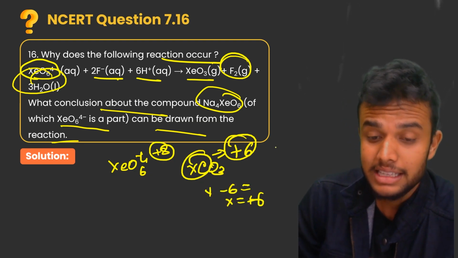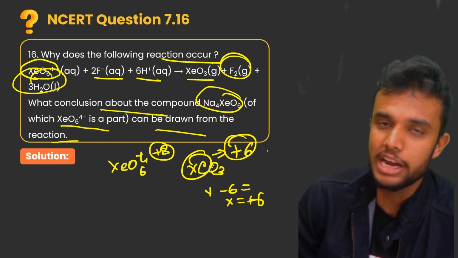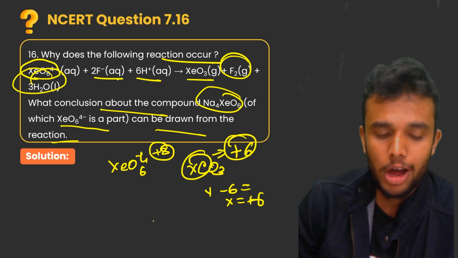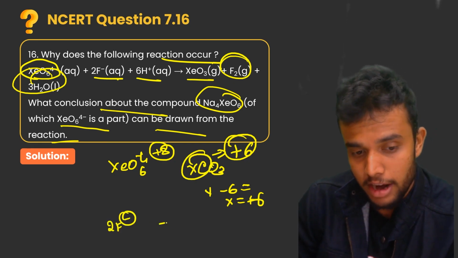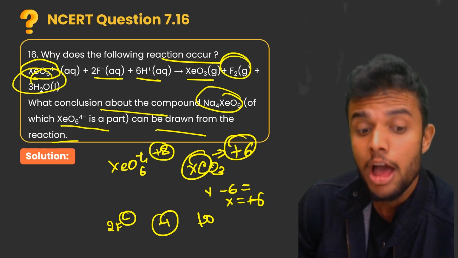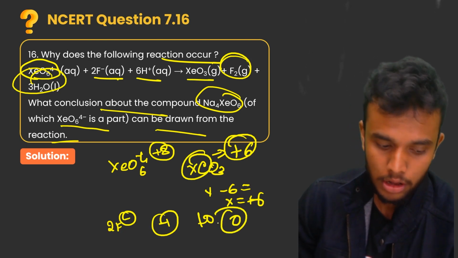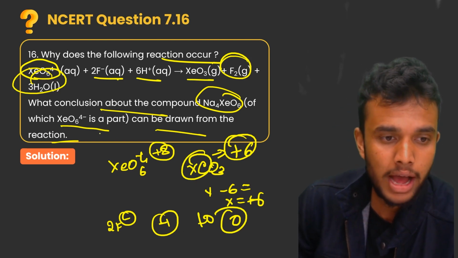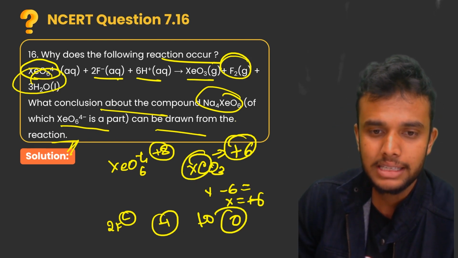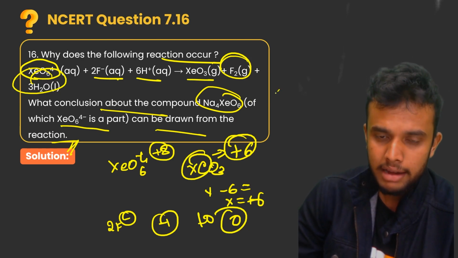Here it is reduced from +8 to +6. In the case of the fluorine molecule, it is oxidized from -1 to 0. Correct? That's why the reaction occurs. What conclusion? It's happened, very simple. It occurs.